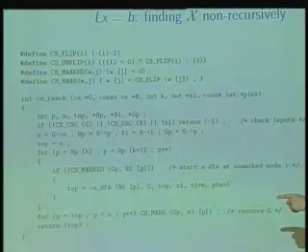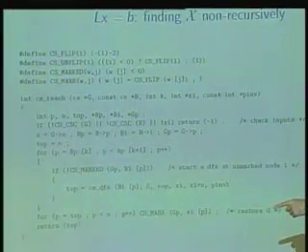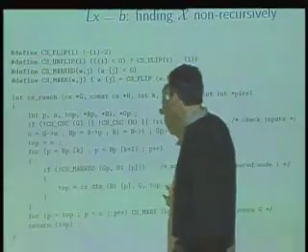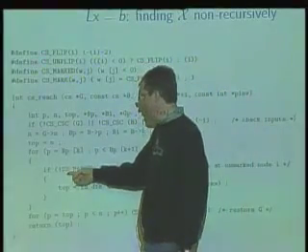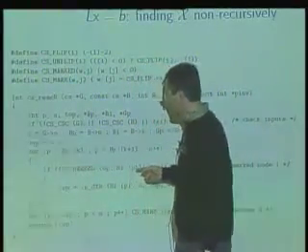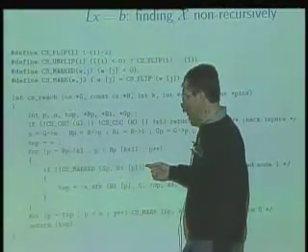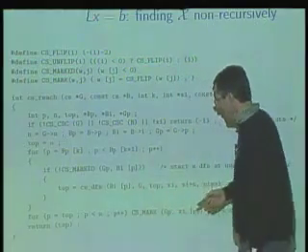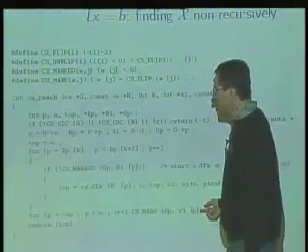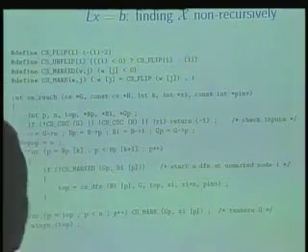Another change is that I'm putting in a macro that I can use to ask, are you a marked node or not? And another macro that clears and sets the mark.